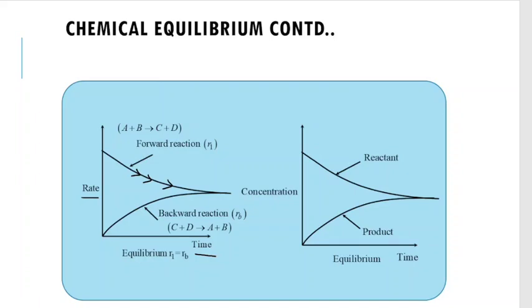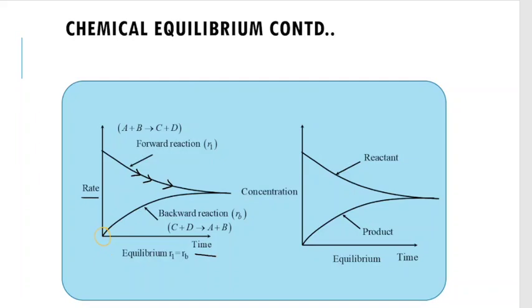What happened to the backward reaction here? In the case of backward reaction, initially as there are no C and D in the vessel, the rate is 0, right? The rate is 0.